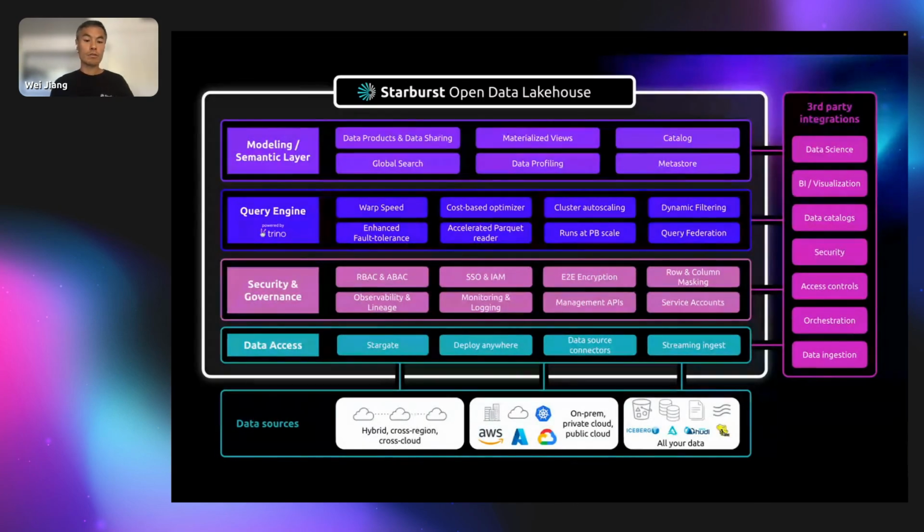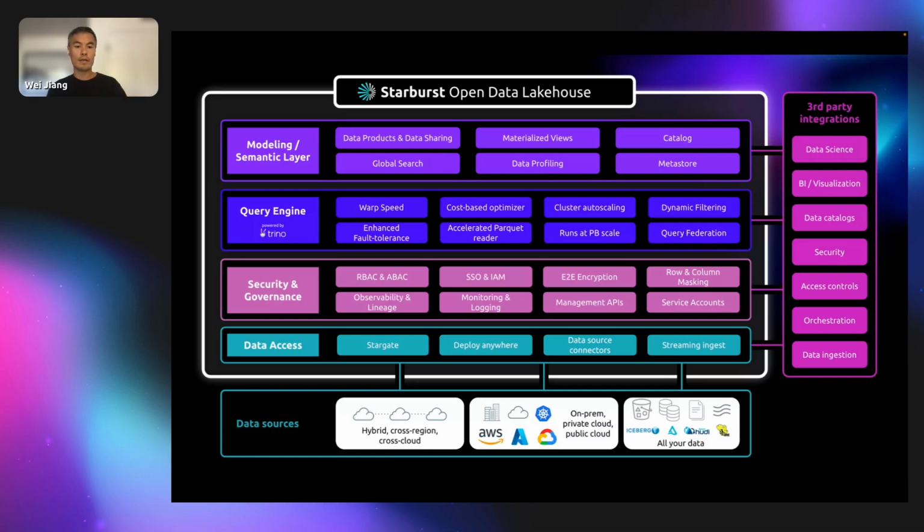And a closer look into all the features that are built in terms of data access, security, what the query engine is able to do, and really what you get at the modern layer. We talked about data products and data lineage. There is the ability to create materialized views and global search as well, which is very neat.